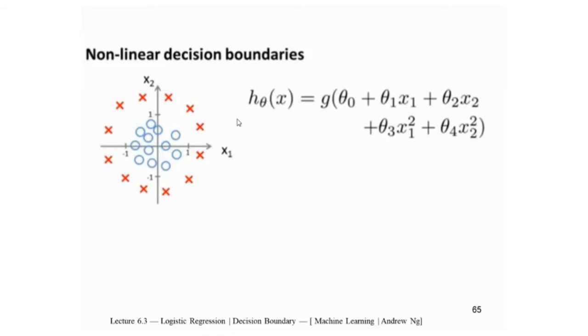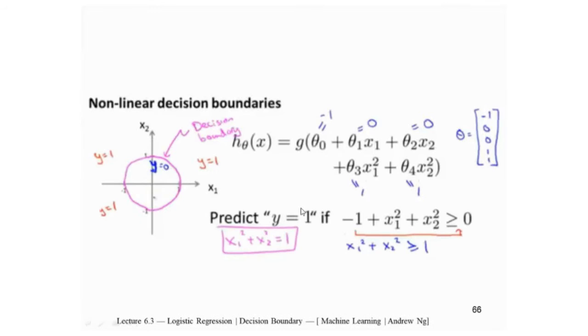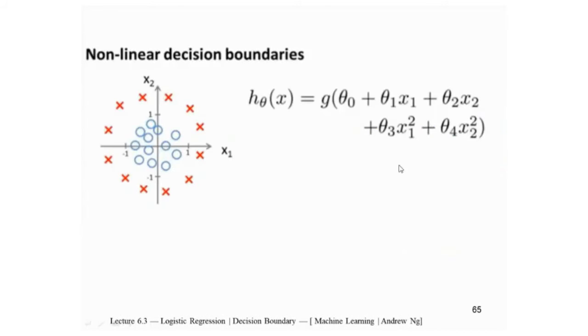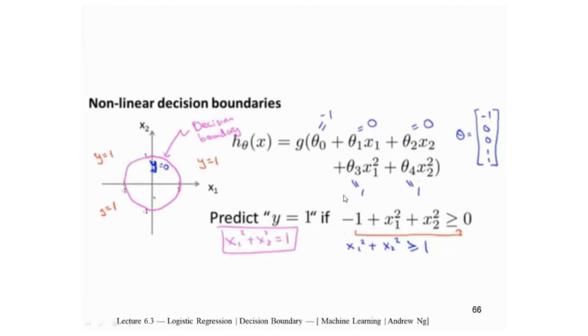Now, so far we have discussed the linear decision boundary, but it is not necessarily every time that you will get a linear decision boundary. You may get a non-linear one. So in that case, you have to decide your hypothesis in a polynomial way. Suppose we have decided this hypothesis, and we try to assign the values. But again, we cannot assign them manually.